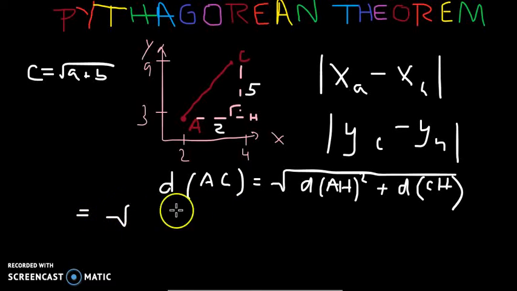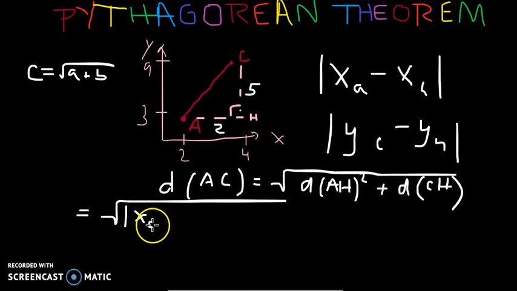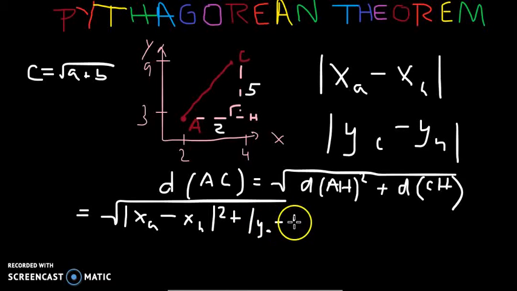So that is equal to the square root of the absolute value, the x value of A, minus the x value of H, and we're going to square that, plus the y value of C minus the y value of H. Sorry, that C does not look very good.